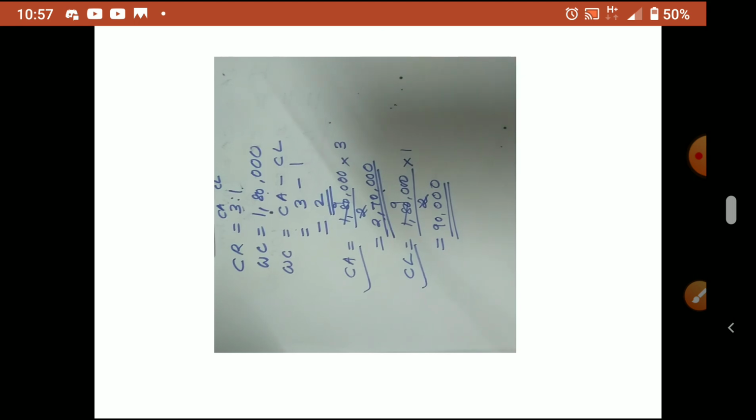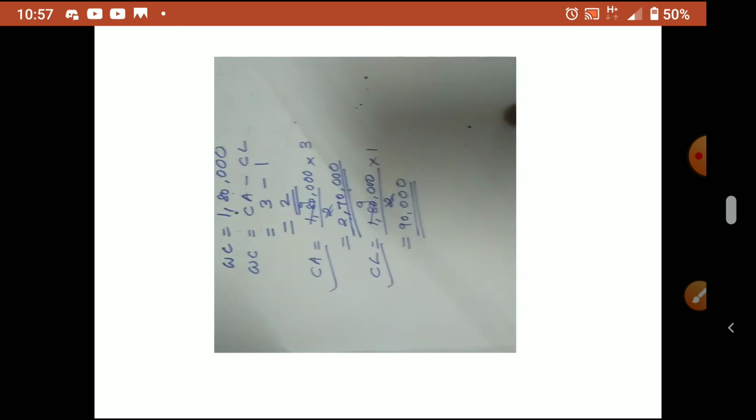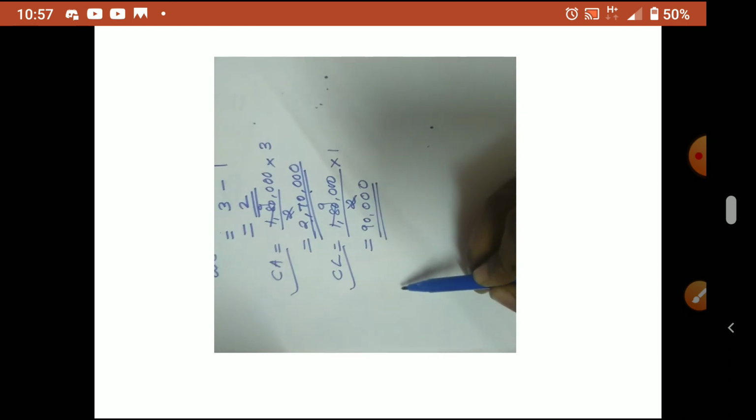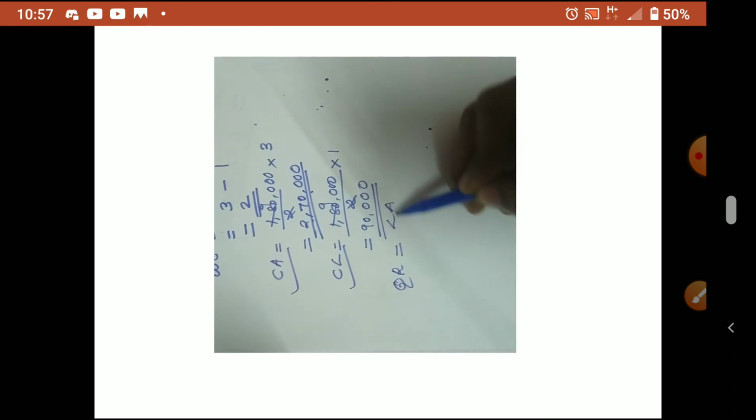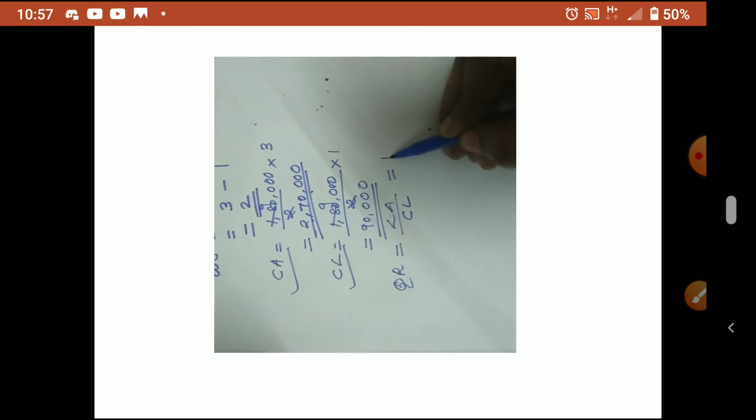So inventory, when they ask separately, which ratio can you apply? Quick ratio or liquid ratio is equal to liquid asset by current liabilities. That is the equation we know. So quick ratio is given how much? 1.2 is to 1.